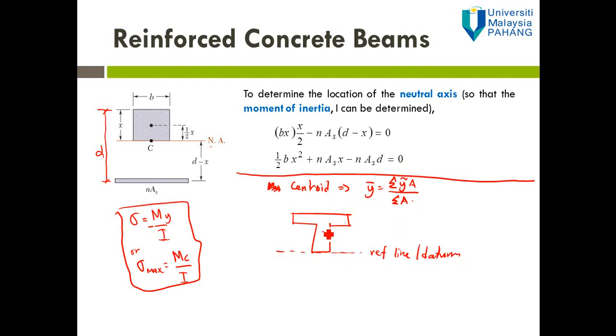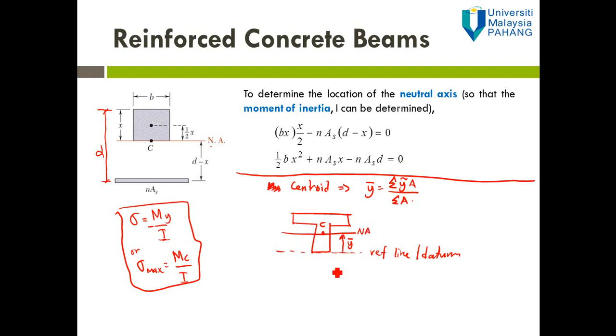Let's say here is the centroid. That will be the y bar. Since this is the centroid and the neutral axis must pass through the centroid, the location of the neutral axis will be like this. This is for the case of the T beam.